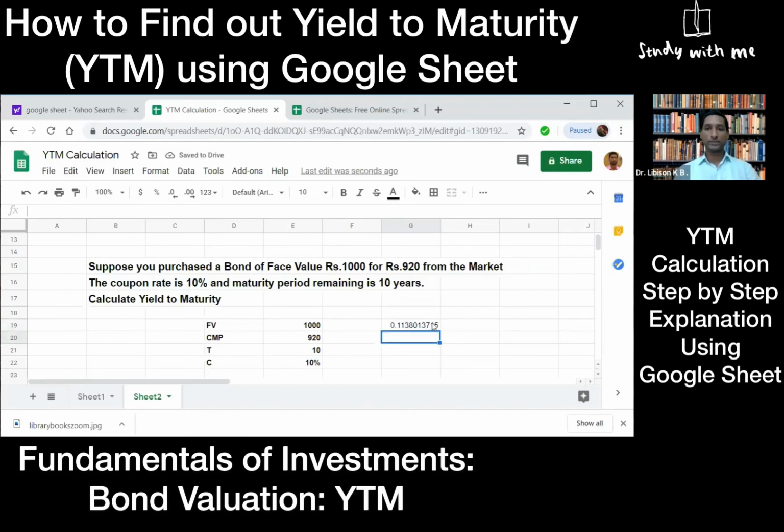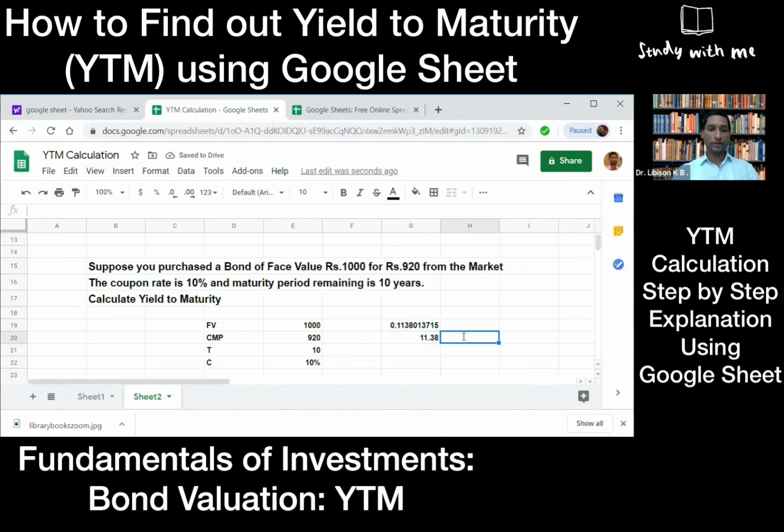You got the answer 0.1138. So when we convert it into percentage terms, it will be 11.38. So the answer is 11.38%.